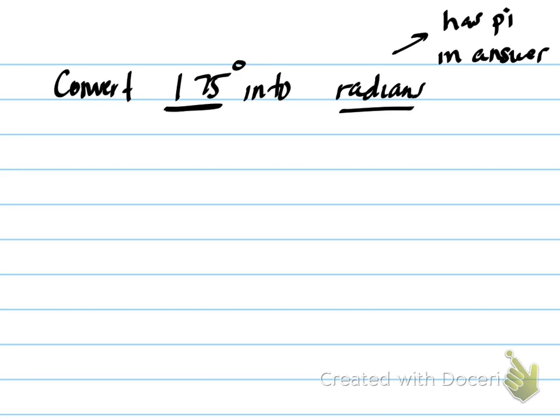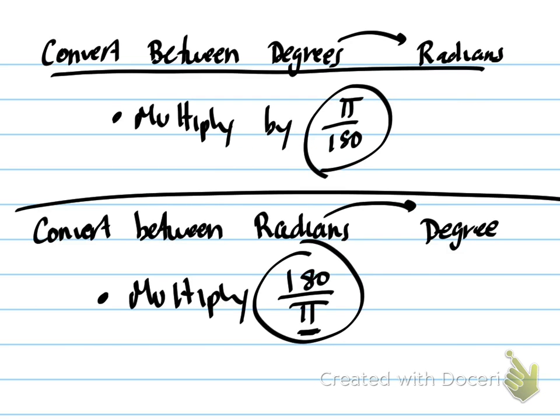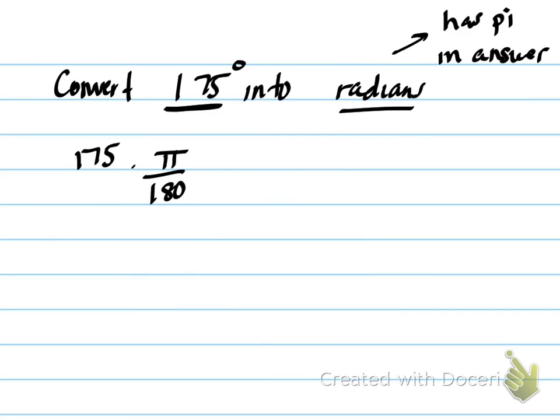So therefore, pi is going to have to be on top when I multiply so that I'm left with a pi in my answer. So I know that we're going to have to multiply by pi over 180. I hope that makes sense. If not, that's okay. You could just come back to here and write those down as notes as you're doing this.